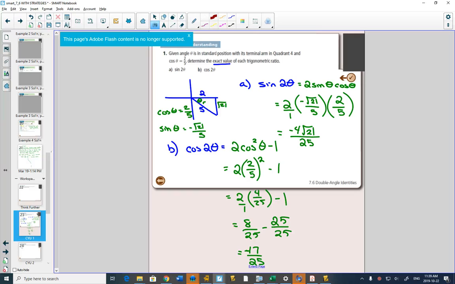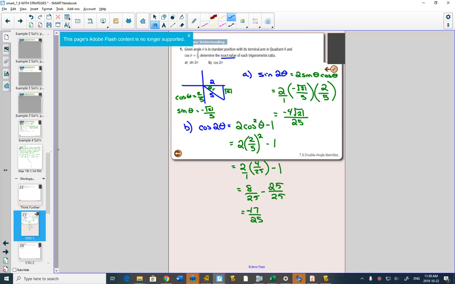I'm going to add a part C to this one. It's a pretty easy part C. In what quadrant is 2 theta?